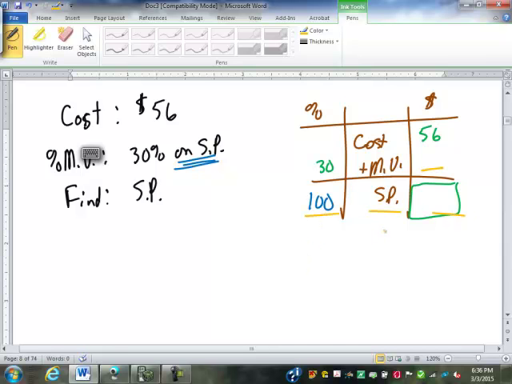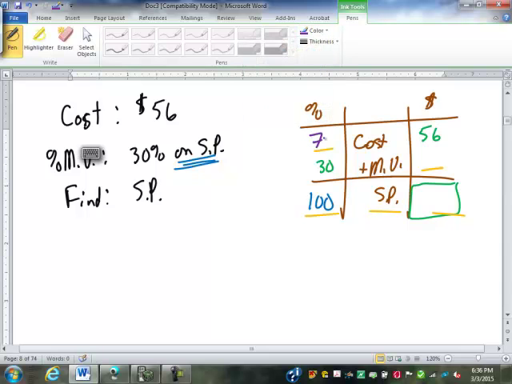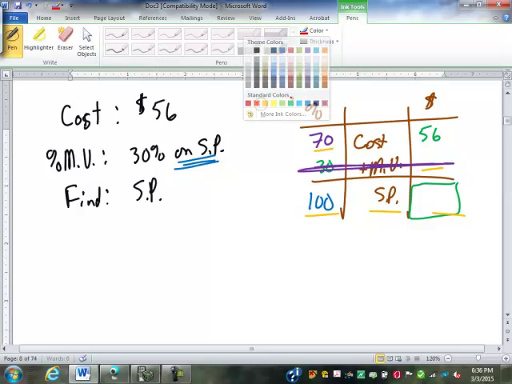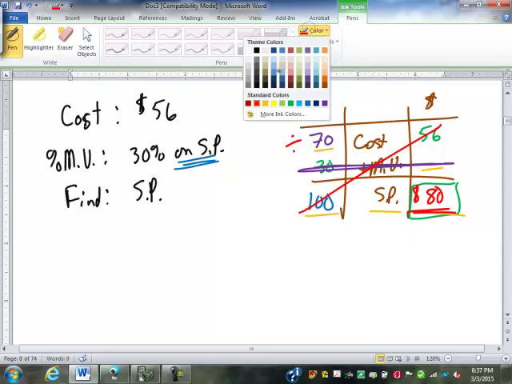We either need to know this number. Right now there's no way to find that number. Or we need to know this one. That one we can find pretty easily. It's going to be what? 70. So that takes this middle row out of play for now. 100 times 56 divided by 70 is 80. So the selling price is $80.